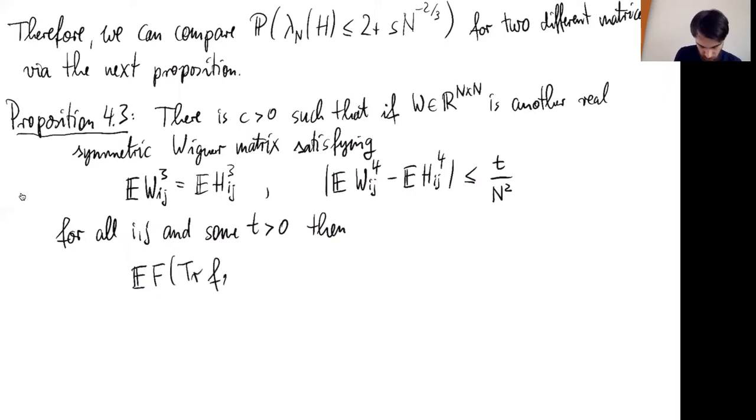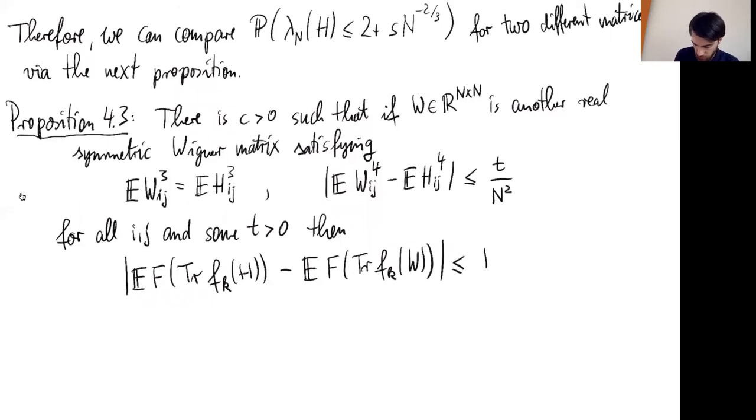I can write it as trace f_k of H, that's how they looked and that's the structure of them. The expectation of F of trace f_k of H minus the expectation of F of trace f_k of W is smaller than some n to the c, but c will be something small.